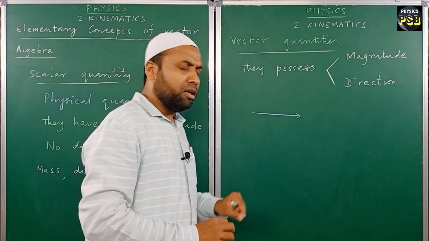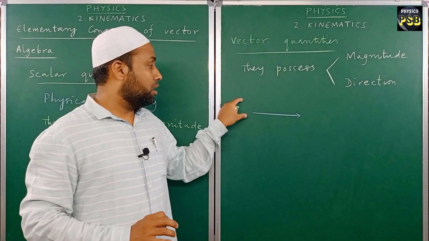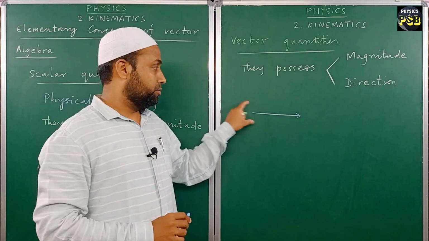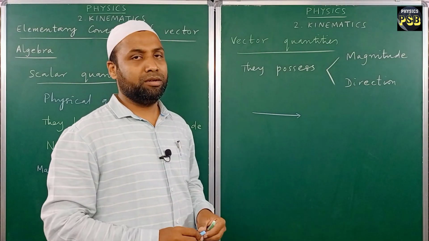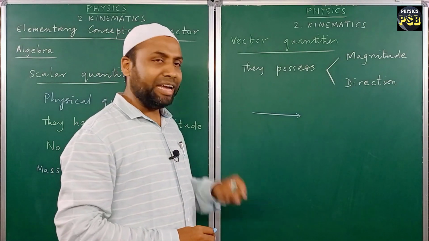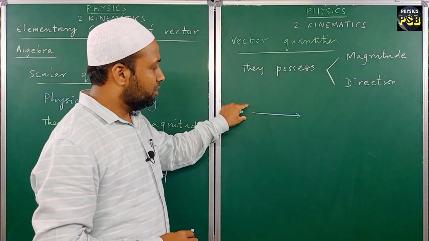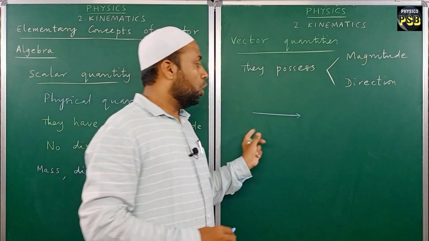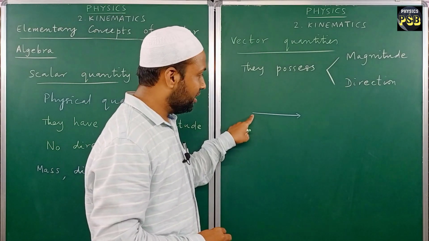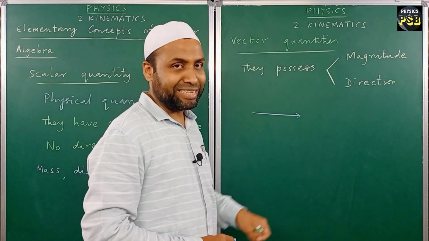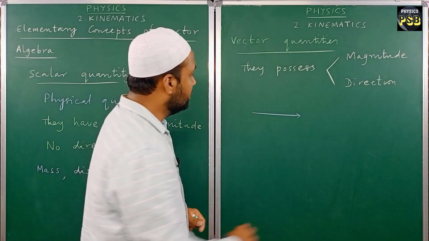And here when we talk about any vector represented by this kind of symbol, or represented by this kind of line with arrowhead, it comprises two parts. This end from where a vector starts is known as the tail.